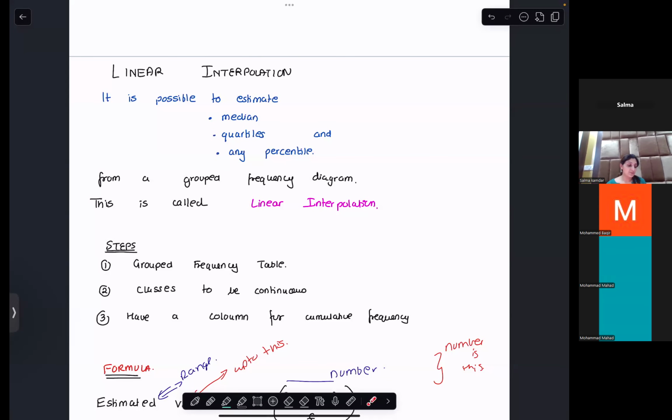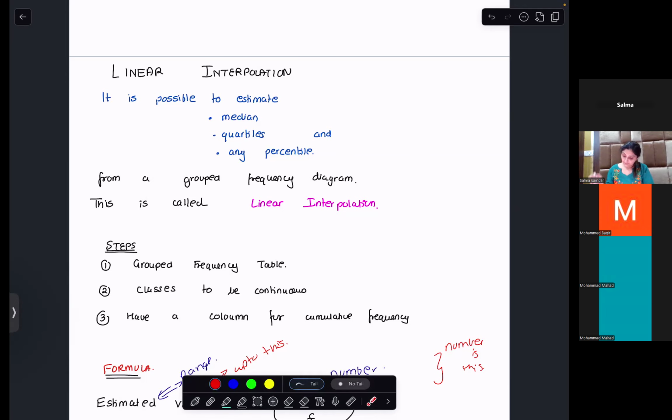When we're talking about interpolation, that means you're estimating your QDP. What is QDP? Quartiles, deciles, percentiles. So from a grouped frequency distribution, when you're estimating any value, you use the method of linear interpolation.